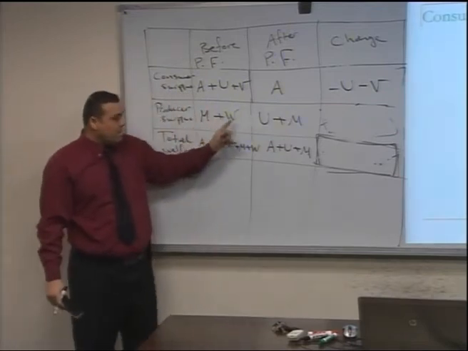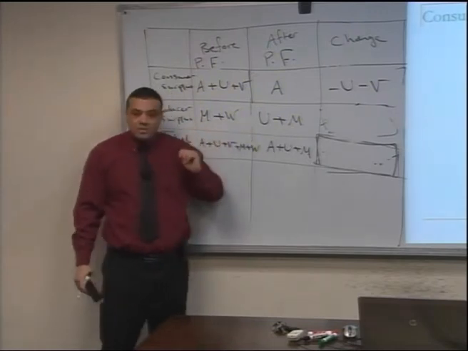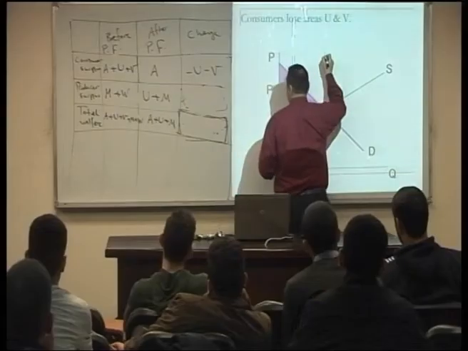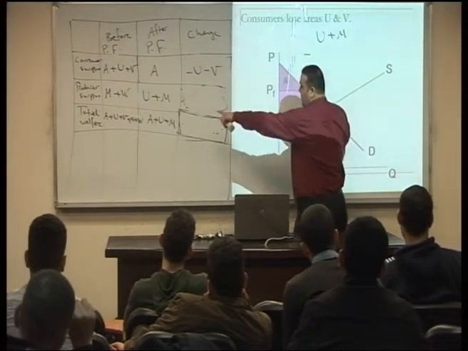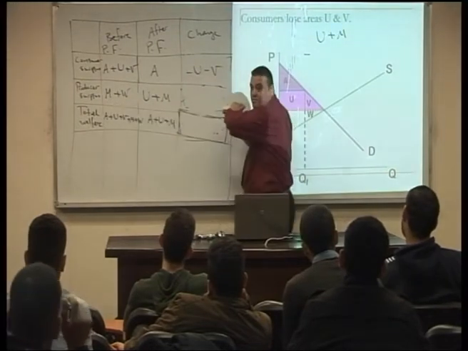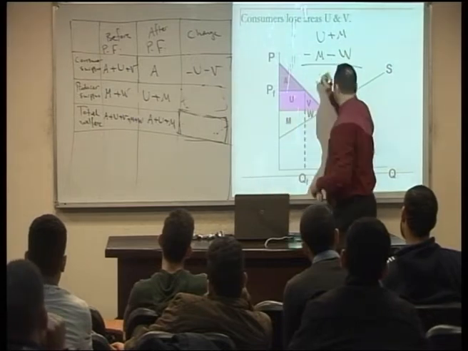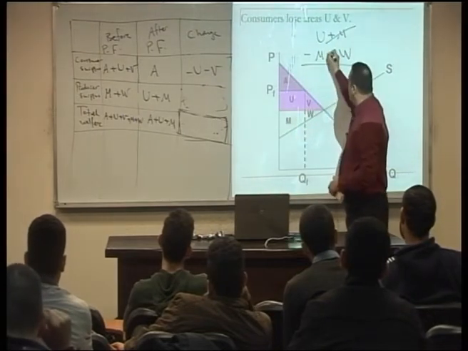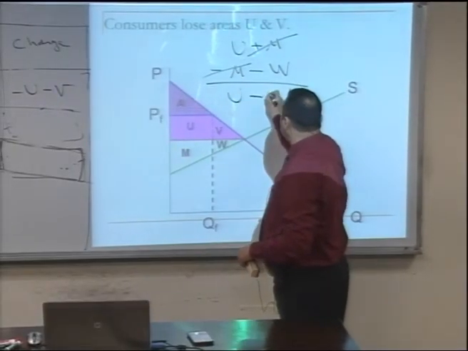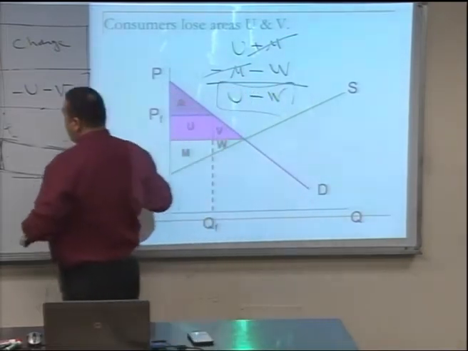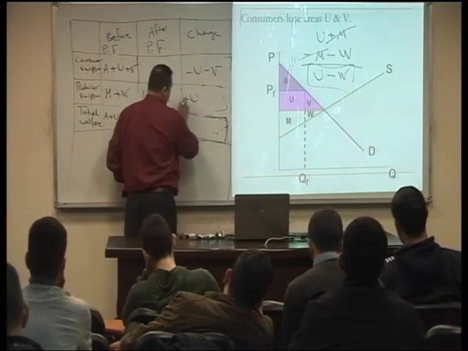M plus W minus U plus M, minus M minus W. The result: positive M, negative M, 0. U minus W. This is the change in the producer surplus: positive U and negative W.